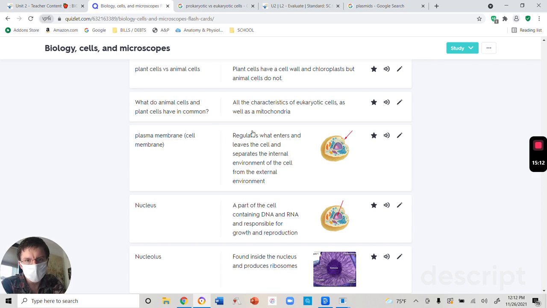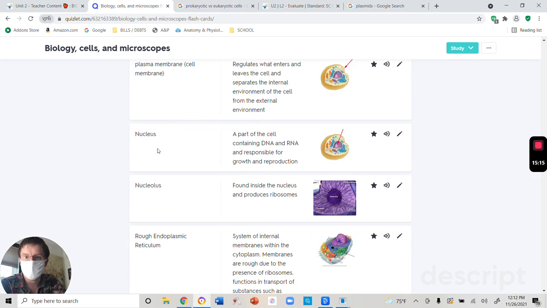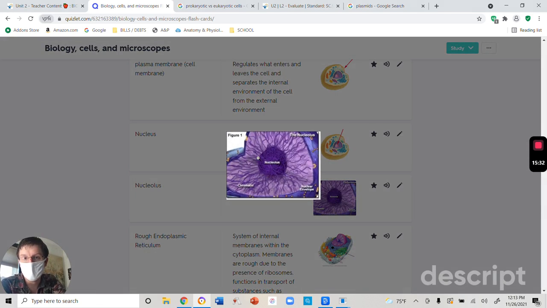All right. A nucleus. We've talked about what the nucleus is. It contains the DNA and the RNA responsible for growth and reproduction. So the nucleus, that's where we have all of our information stored. Within the nucleus is a specialized structure called the nucleolus. That's where ribosomes are made.